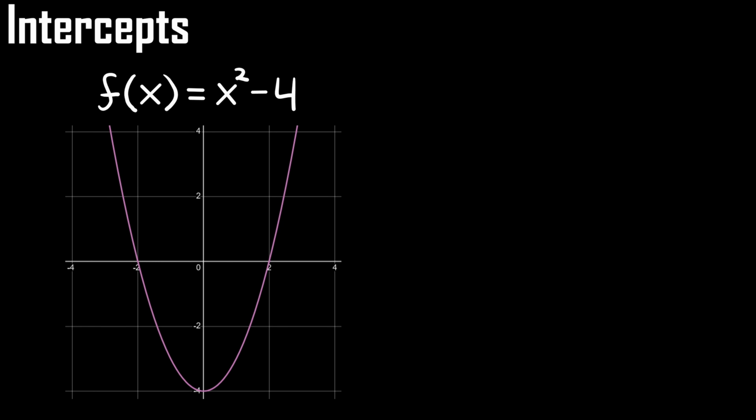From this graph, we can easily identify the x and y intercepts. So our x-intercepts from the graph would be right here at -2, 0, and right here at 2, 0.